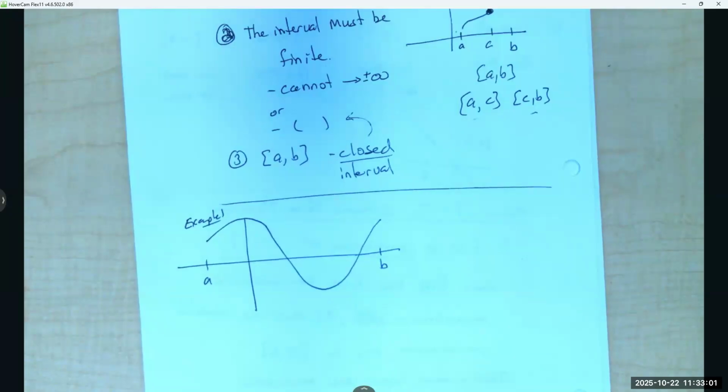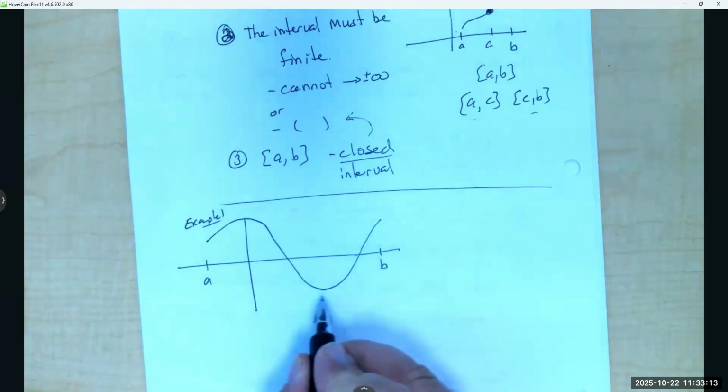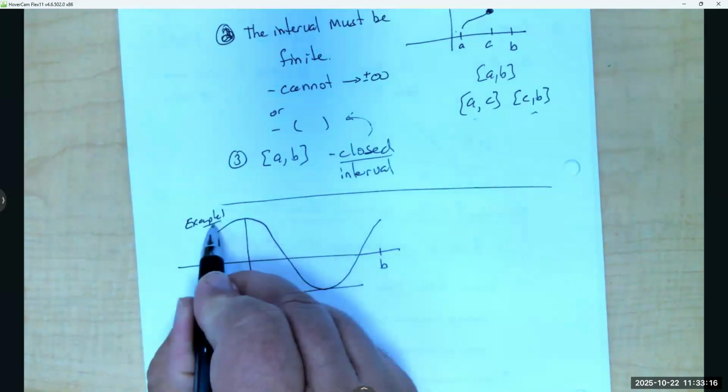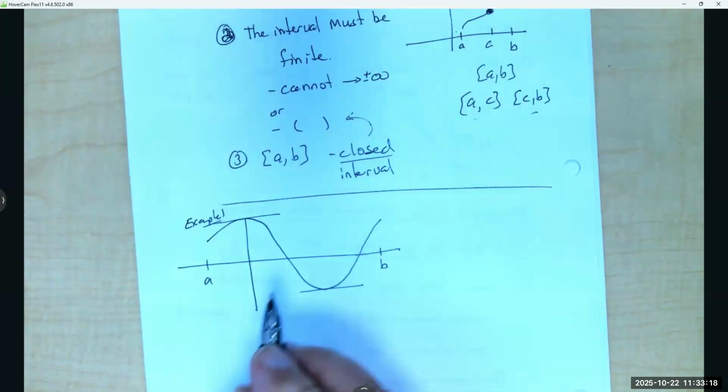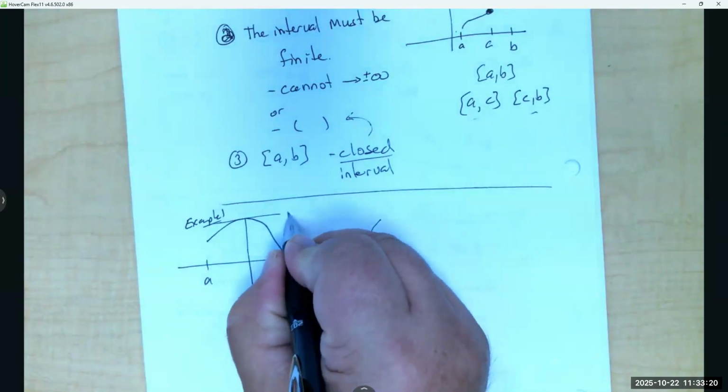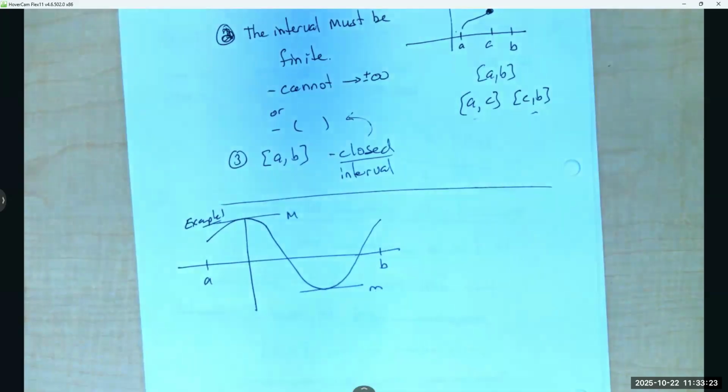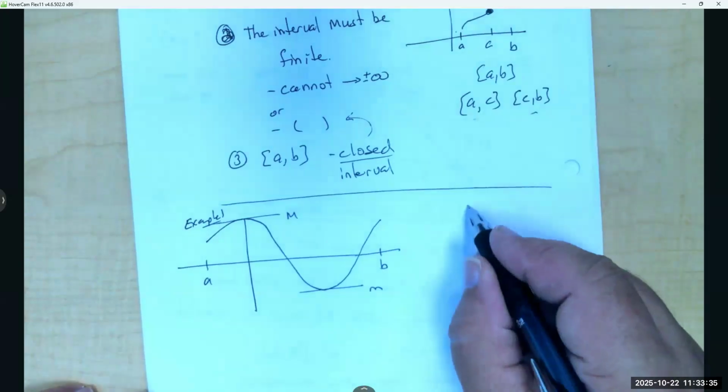Do we have an absolute maximum and minimum? Yes, this is the lowest and this one's the highest. It's a bad graph, but what we have to do is compare and make sure the values themselves are higher. And that's going to be important later on.